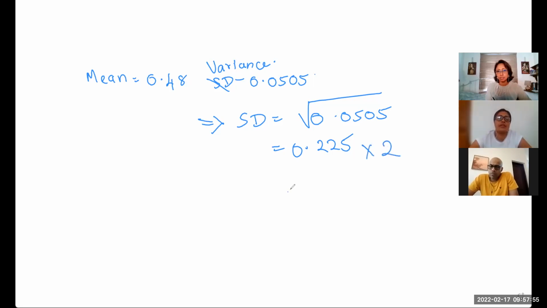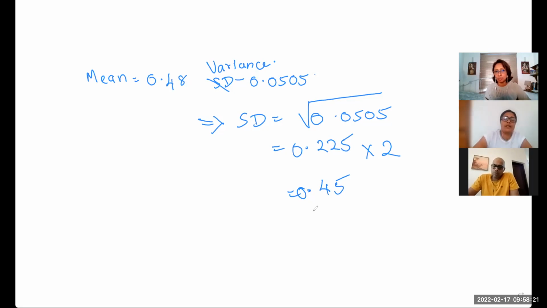Into 2 standard deviations is how much? Is that correct for 2 standard deviations? Right.